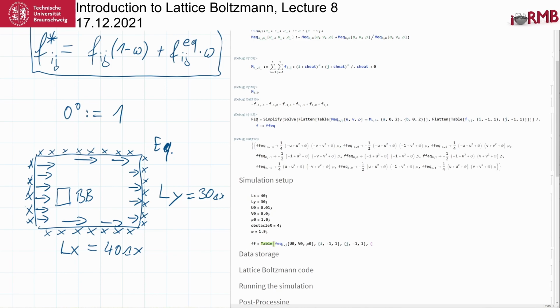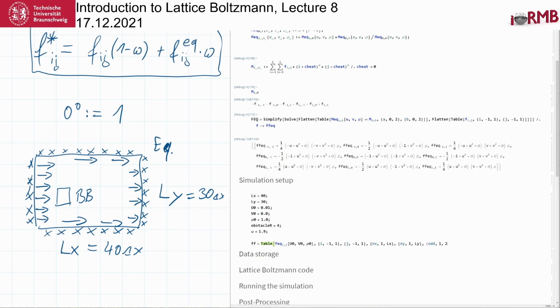This is now supposed to be a field of distributions, so we also have to specify this in x and y coordinates. So nx goes from 1 to lx, the length of the domain, and ny from 1 to ly, the height of the domain.